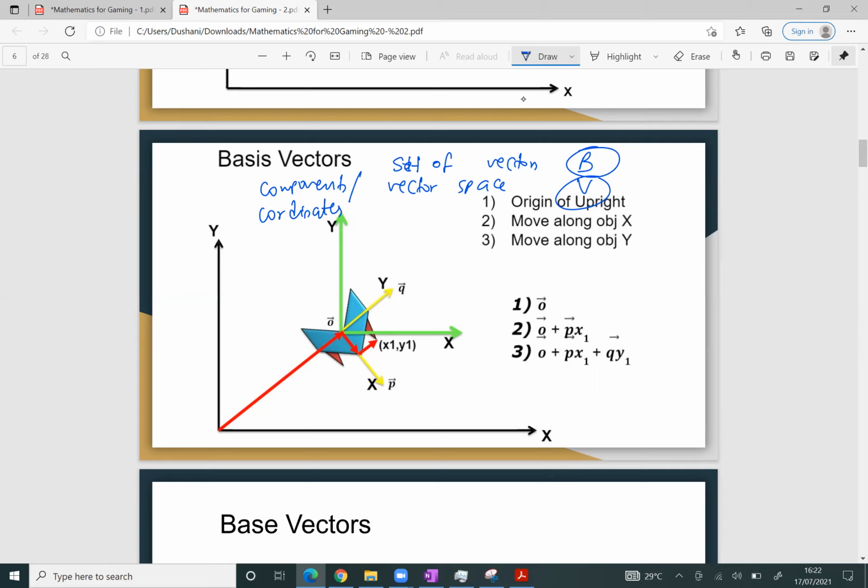So the coefficients are called coordinates of the vector with respect to B. The elements of a basis are called basis vectors.